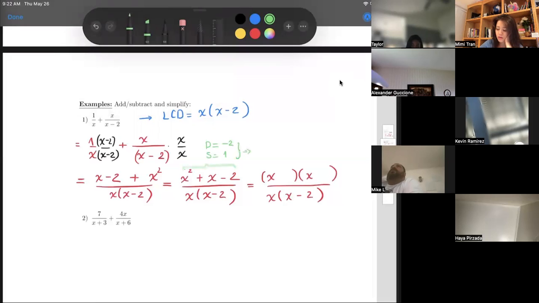What are the 2 numbers? Don't be shy. If you're wrong, somebody else will fix you. Negative 1 and 2. Yeah, negative 1 and 2, right? So x minus 1 and x plus 2.